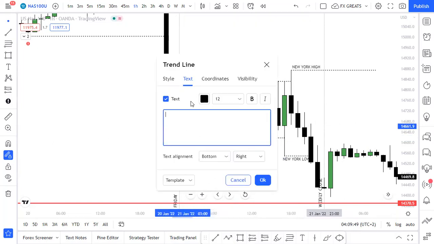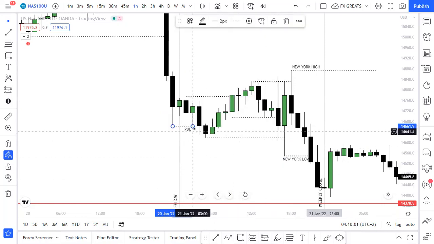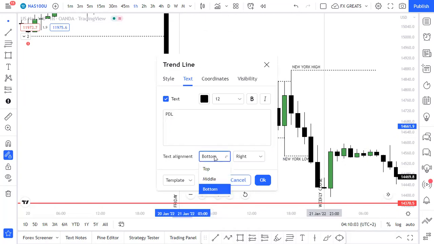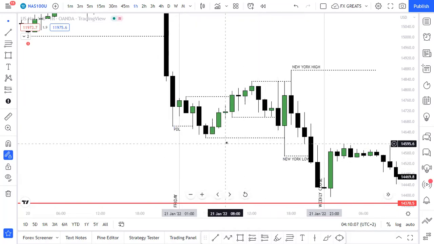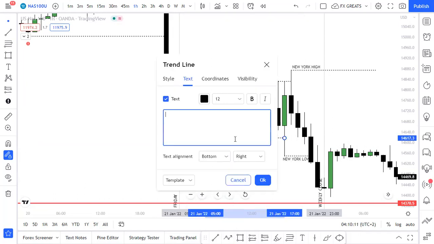No, this is the previous daily low. Okay. This is the London session low.